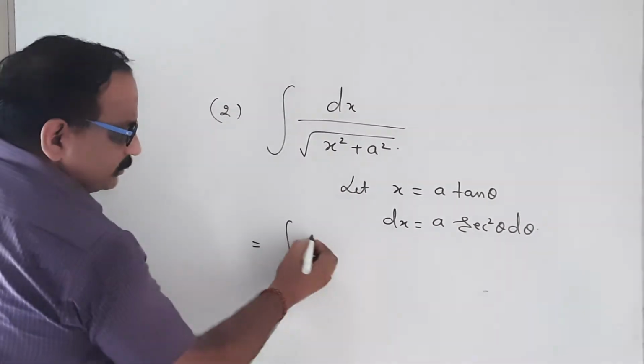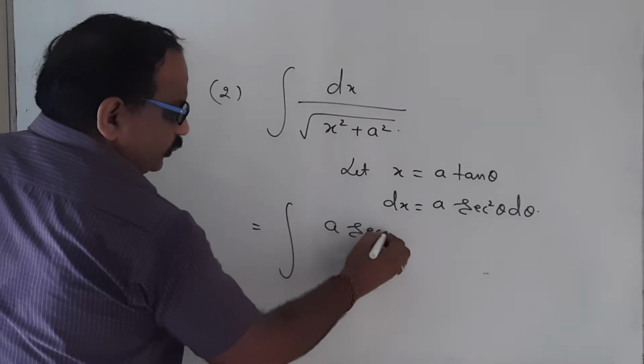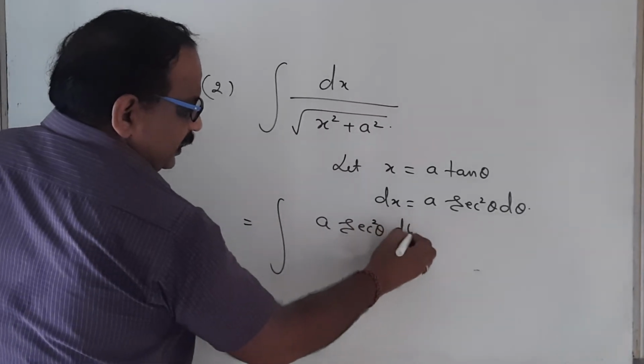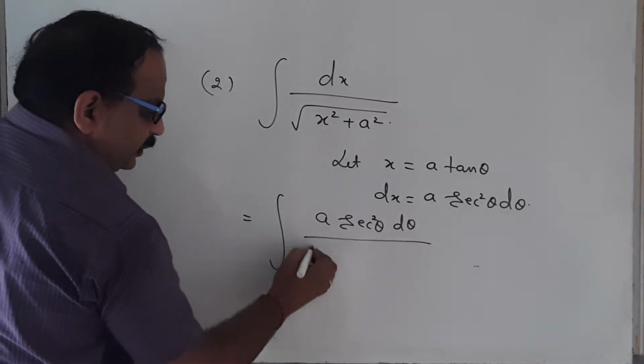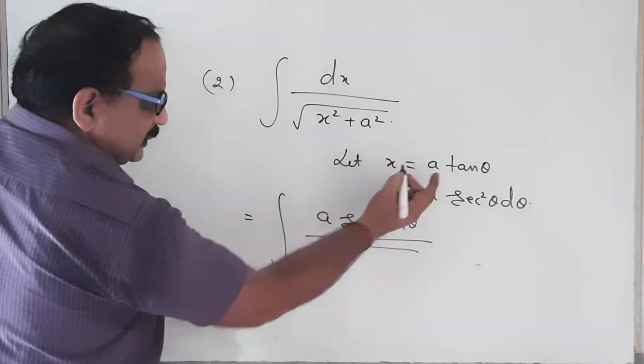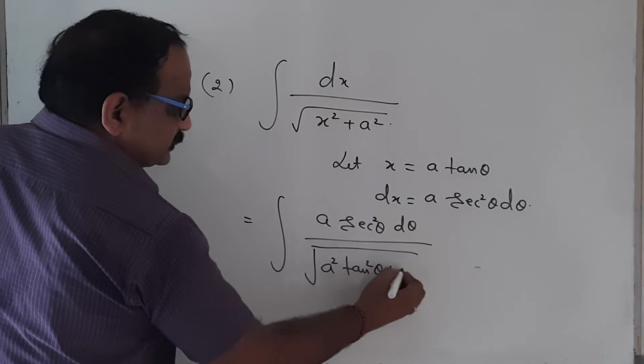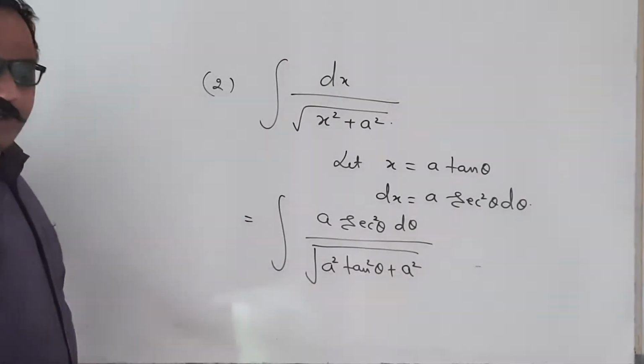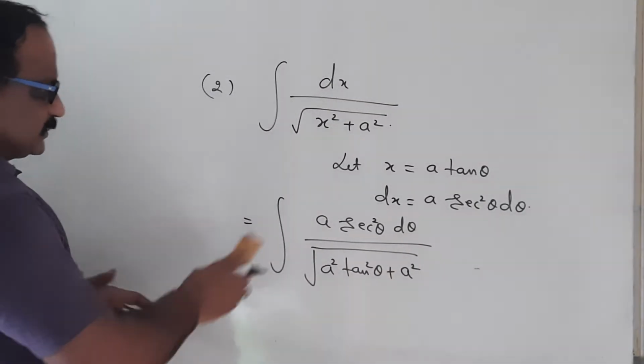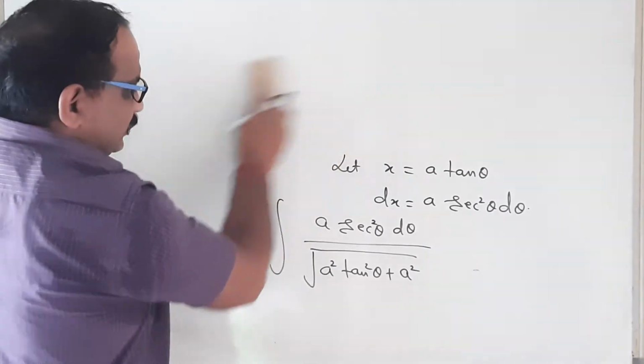So this integrand now becomes a sec square theta d theta divided by under root of, in place of x, I replace a tan theta, so a square tan square theta plus a square. After this we simplify further.